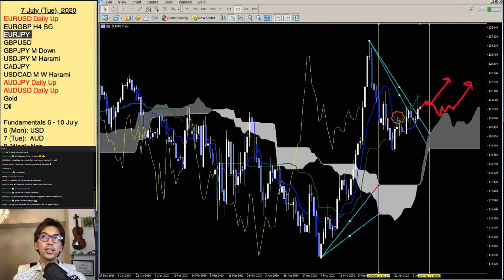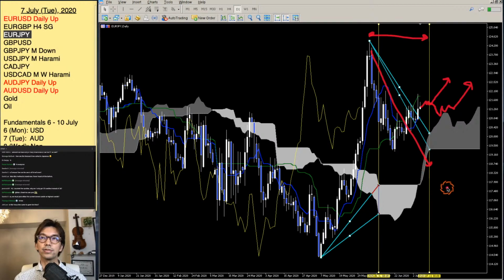And if the price reaches Senko span B for the next 26 candles after the market hits the highest price, and if the price starts to retrace backwards, and if the price hits this Senko span B before this date of the yellow vertical line, then that will become bearish.